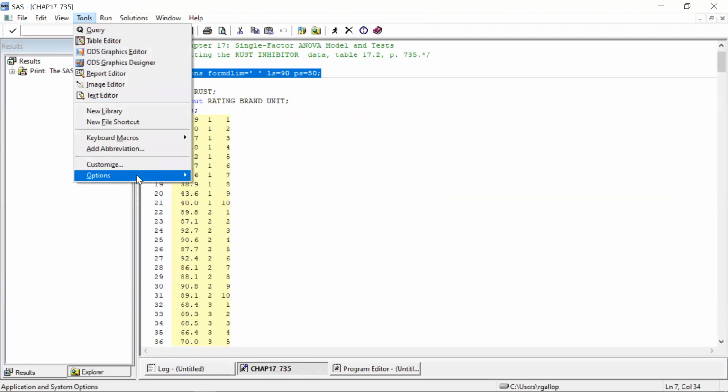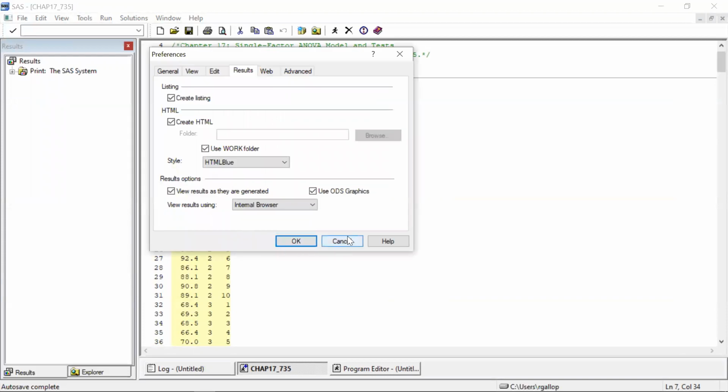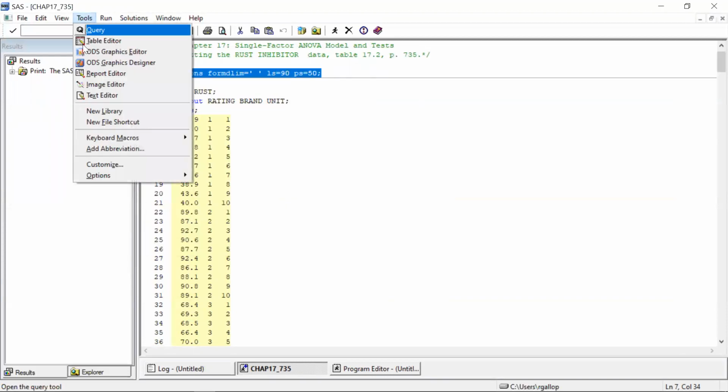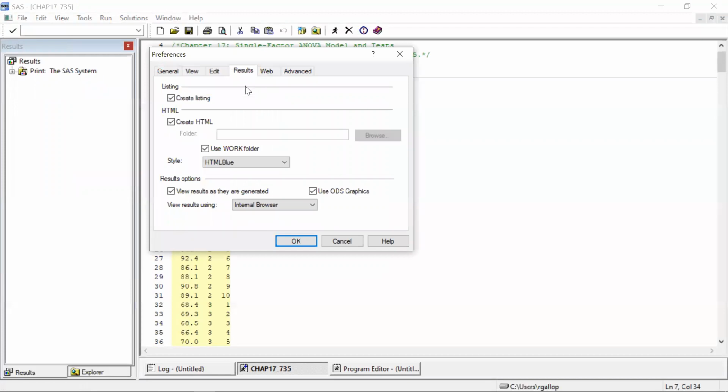So if I go to tools, options, preferences, and click on results, sometimes I'll turn off the HTML and the graphics. That's just because a lot of the output really slows up SAS, especially if I'm doing a bunch of iterative complex analyses.